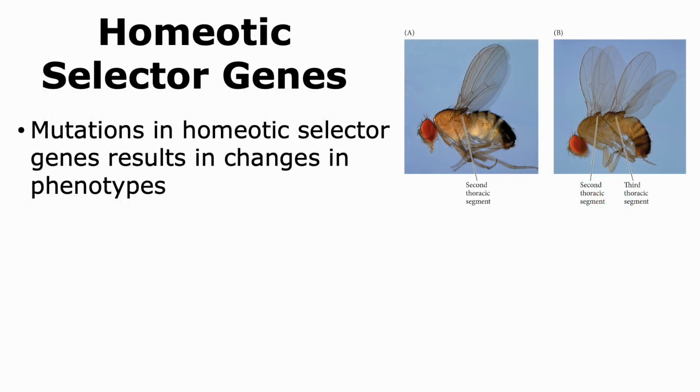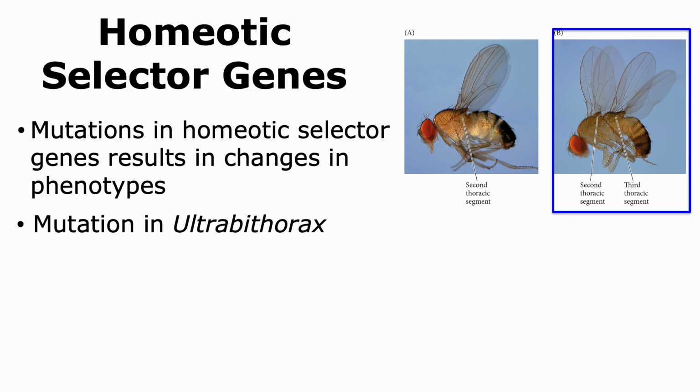Now, mutations in homeotic selector genes result in changes in phenotypes, and in many cases, the phenotypes that we observe are honestly quite bizarre. So let us look at what happens if there is a mutation in one of the genes called Ultrabithorax. In this case, when we look at the picture, the fly to the left is the normal wild-type fly, but the fly to the right has a mutation in Ultrabithorax, and it is shown inside the blue box.